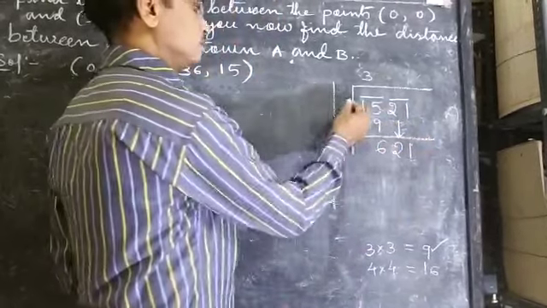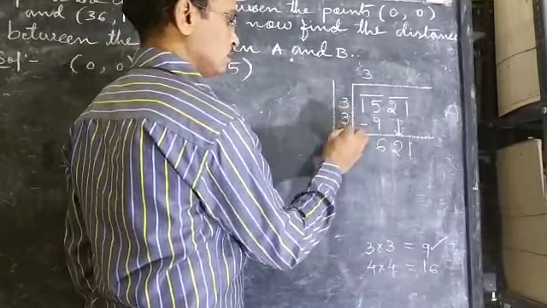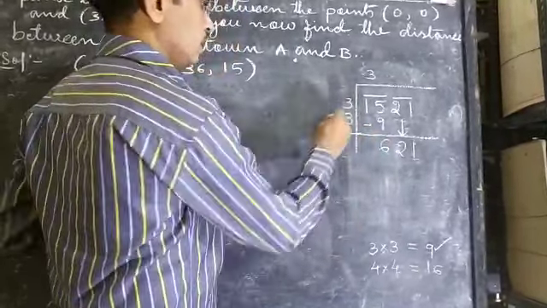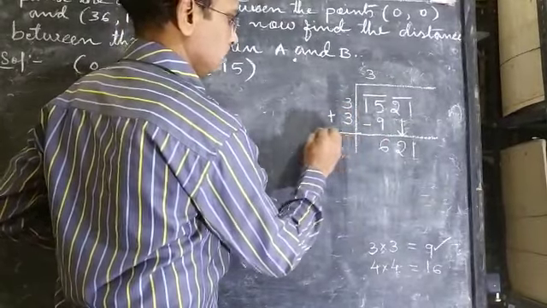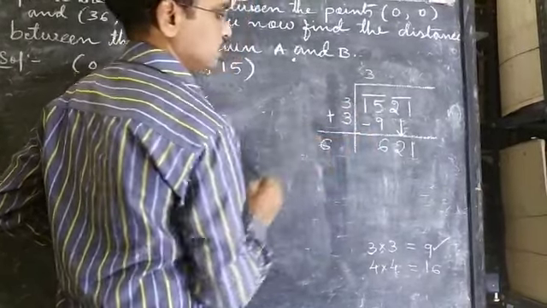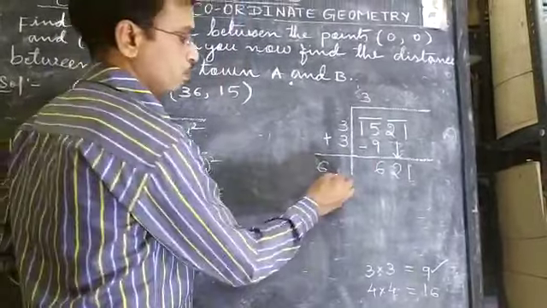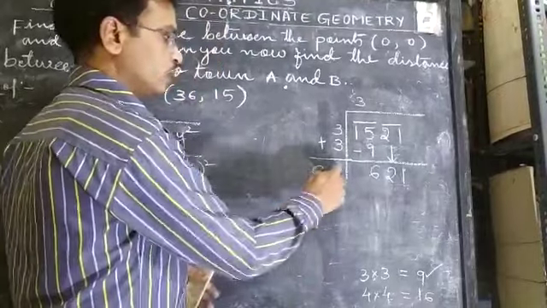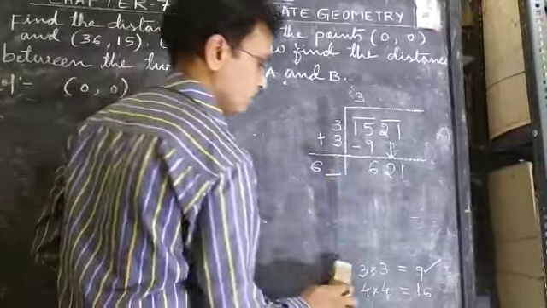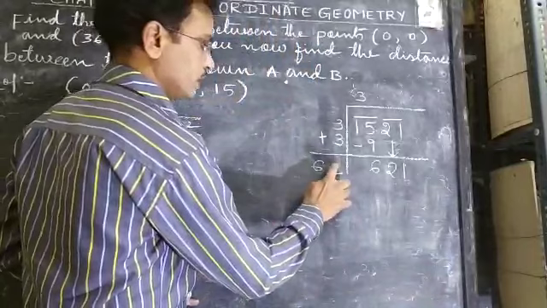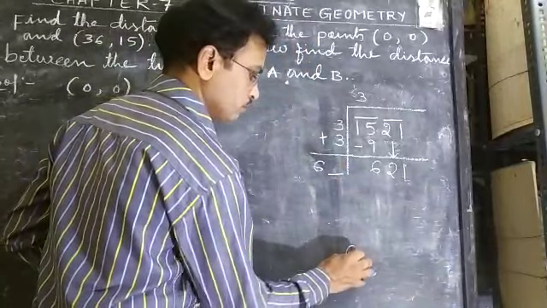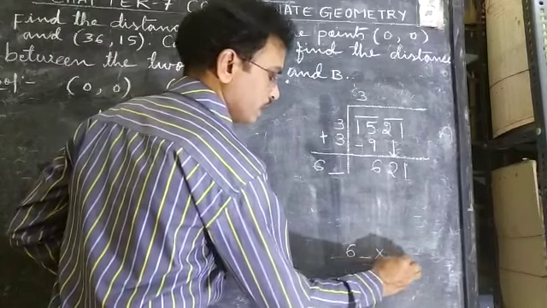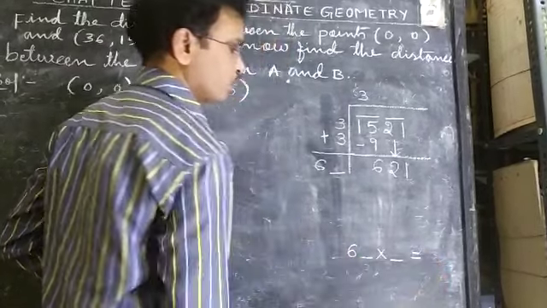Next, make it double: 3 plus 3 becomes 6. Now put a line here, that means a blank. What number should we take here? First you write down like this: 6 blank into blank is equal to.